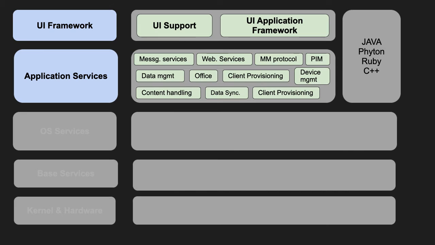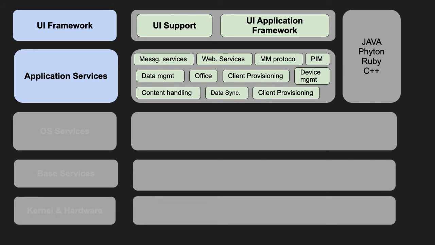In this layer, we can see the third-party applications supported by the Symbian OS, like for example, office applications, mail services, and also, during that time, very familiar text handling. So there are many text handling third-party applications on top of Symbian.